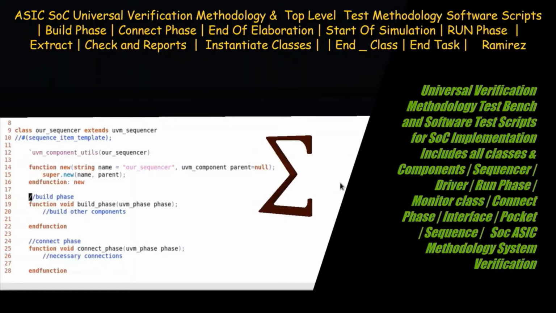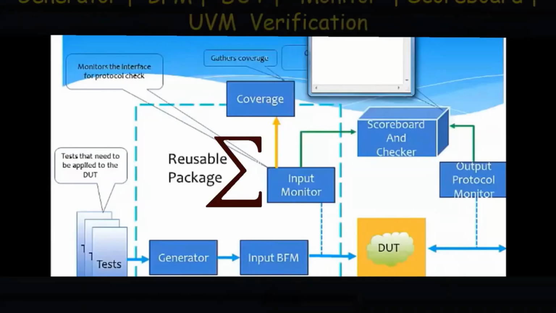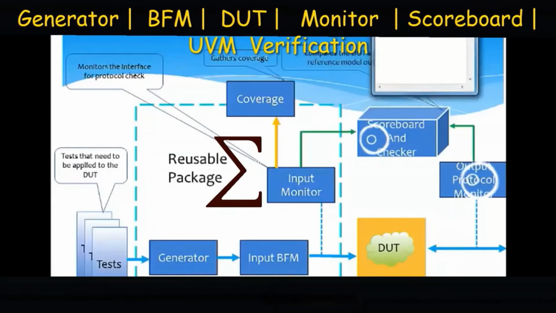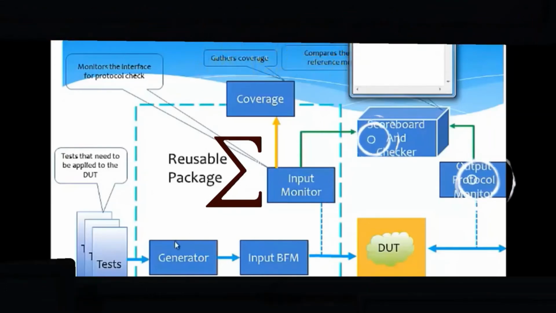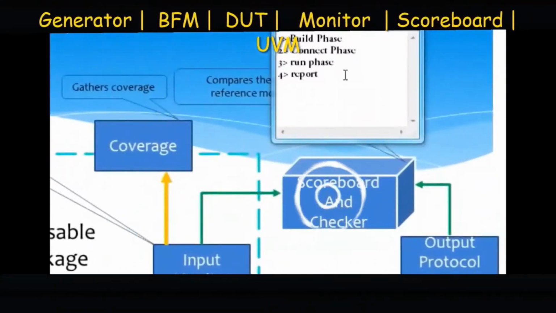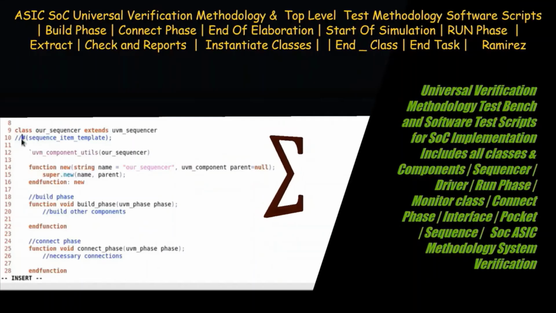The input packet and the output packet response are fed to the scoreboard and checker, which compares the response from the DUT, device under test, and the reference model output.